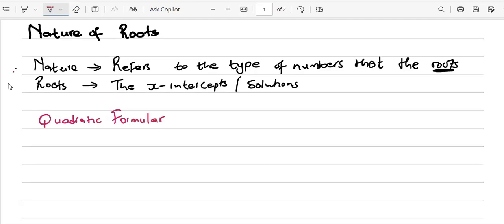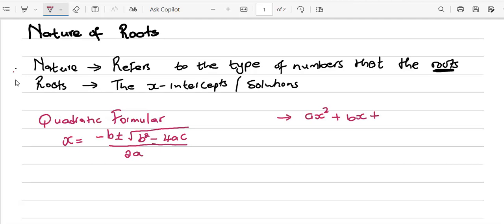Most of the time they give you this formula in a formula sheet, and it says that x is equal to minus b plus or minus the square root of b squared minus 4ac, and everything is divided by 2a. Remember that the standard form of a quadratic equation is ax squared plus bx plus c.